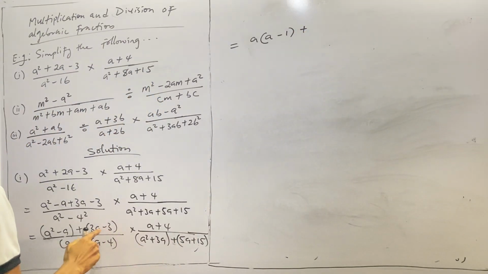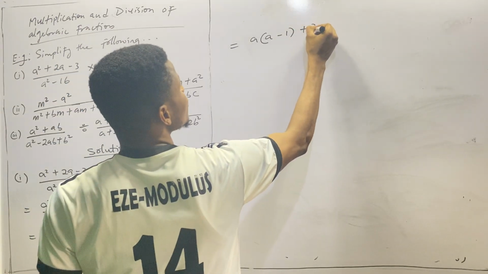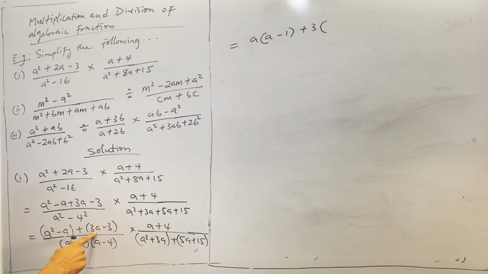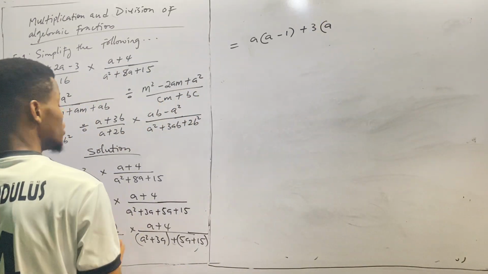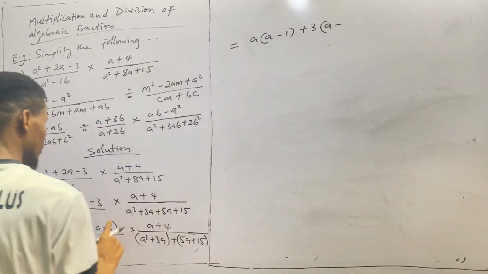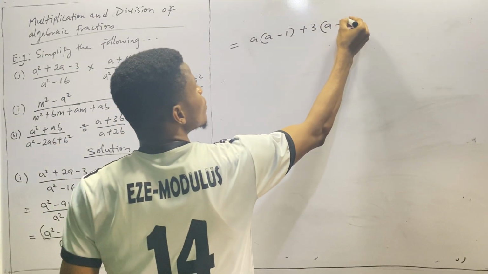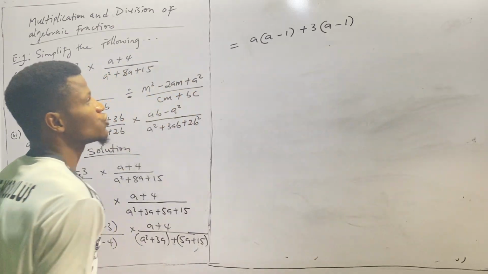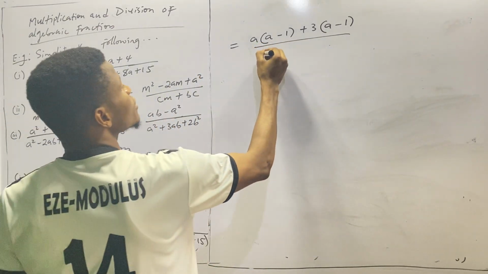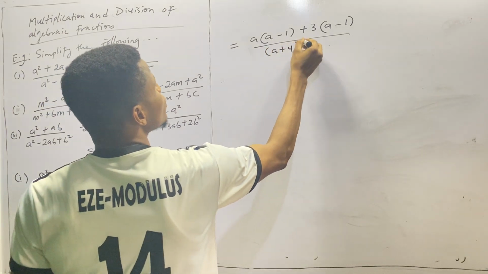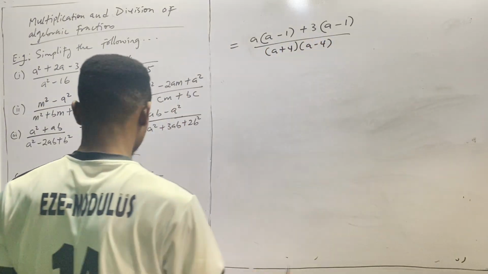So what is common here and here? 3 is common. So bring out the 3. 3 divided by 3a, 3 cancels 3, remaining a. So what sign is here? Minus. 3 divided by itself, here we have 1. Remember, anything divided by itself is 1. All right? All over, so this is a plus 4 into a minus 4.